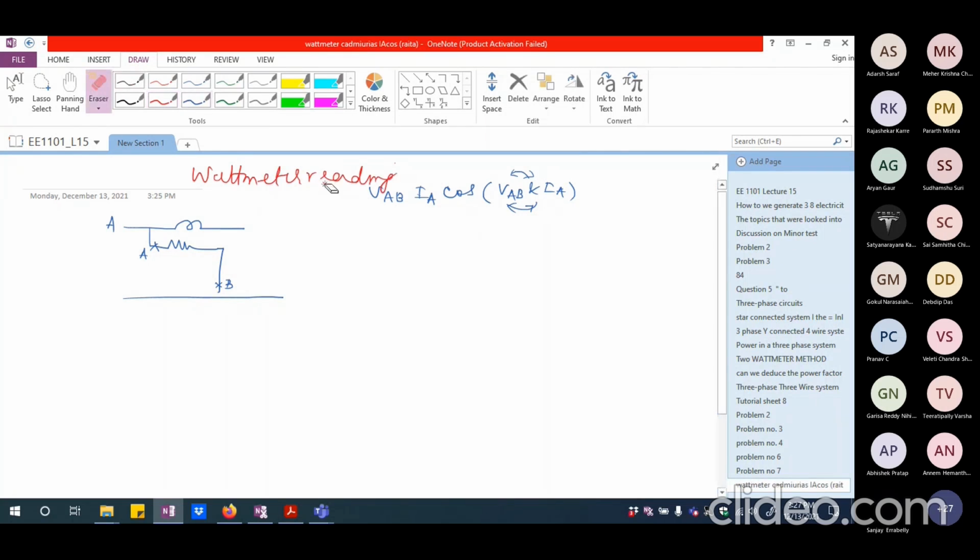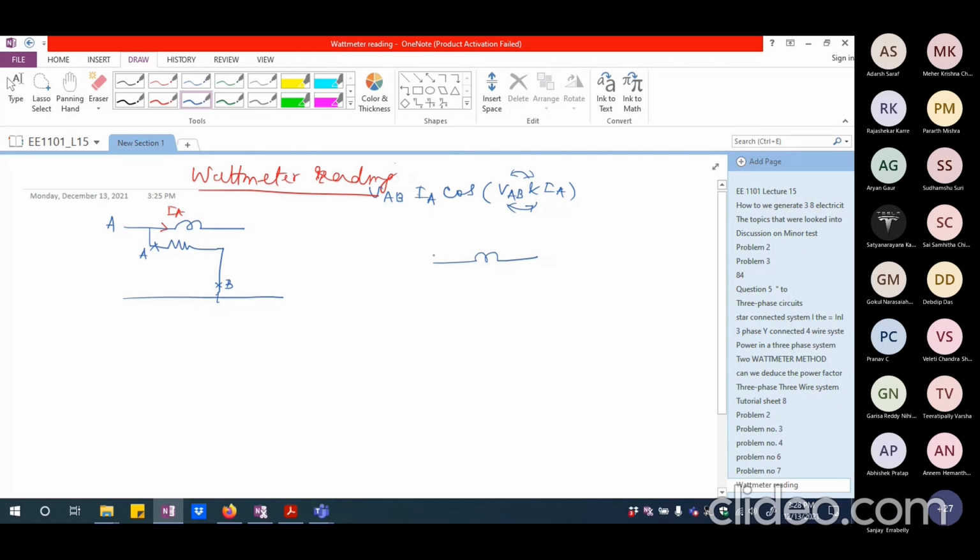The wattmeter reading you infer will depend upon across which 2 points you have connected the voltage coil, and through which point you have connected the current coil. In this particular case, this is carrying IA and this is carrying VAB. So that is why I have to take the angle between these two.